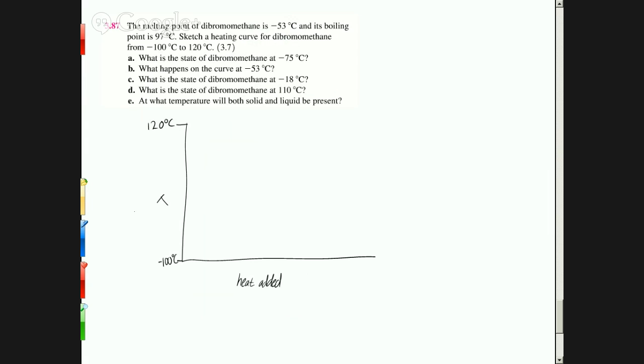So we've got the heat added on the bottom, or we could just call that heat or amount of energy added. And then on the y-axis, we've got temperature, change in temperature from minus 100 to 120. See if you can continue with that curve, and then look at those around you.